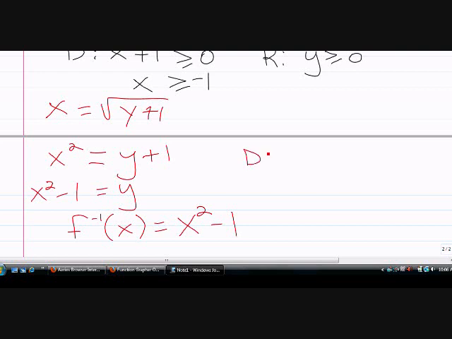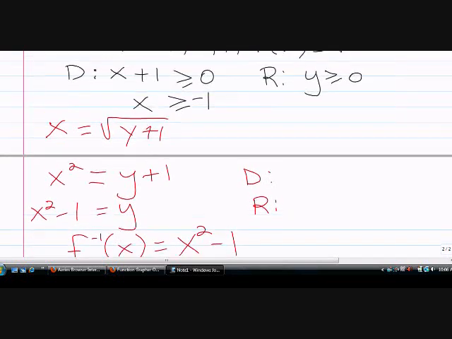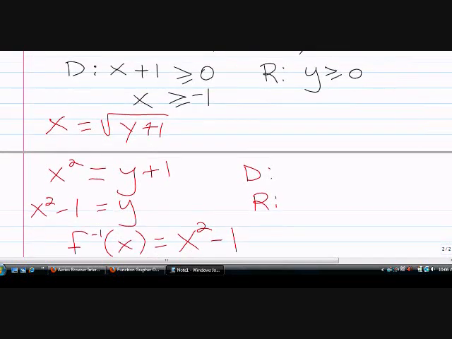Now I need to get my domain and my range. The range of my original function was y is greater than or equal to 0, so that becomes my domain. Greater than or equal to 0. But domains are always x's. So it's x greater than or equal to 0. Took this and I brought it to there. My domain of the original function was x greater than or equal to negative 1, so that's my range, greater than or equal to negative 1.